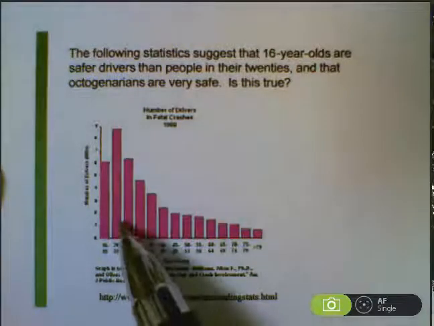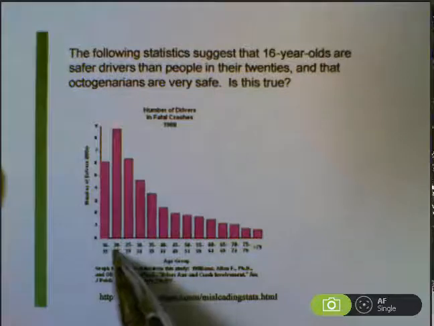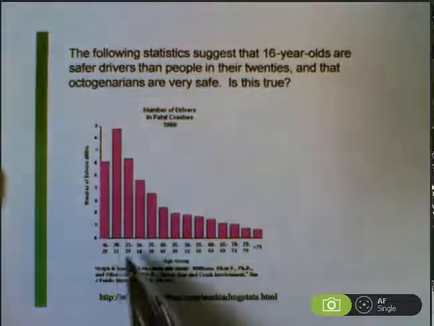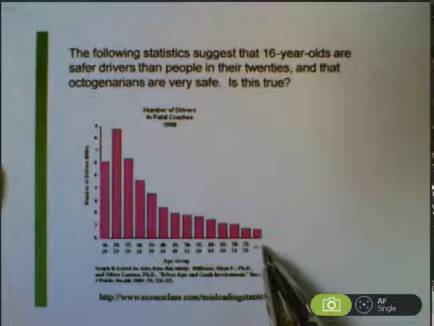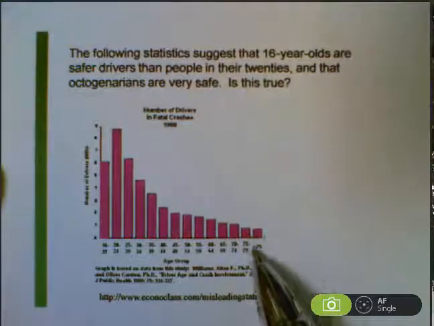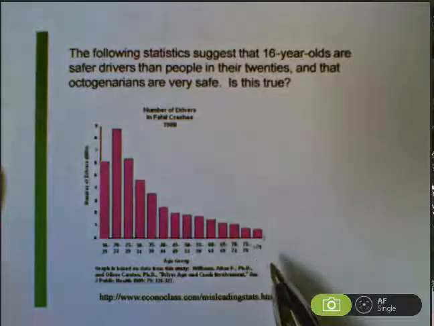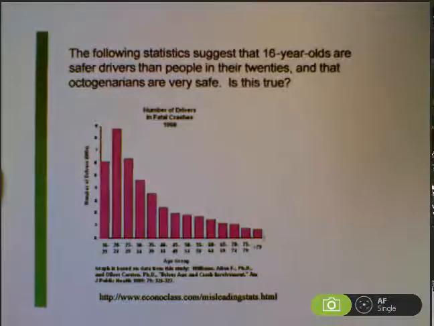My gut says that that's not right. People have had a little bit more driving experience, 20 to 24, and I would think that they're safer drivers than these guys, but that's not what it looks like in the chart. This chart would also say octogenarians, 80-year-old drivers, are the very safest. And I'm not sure if that agrees with my gut either.